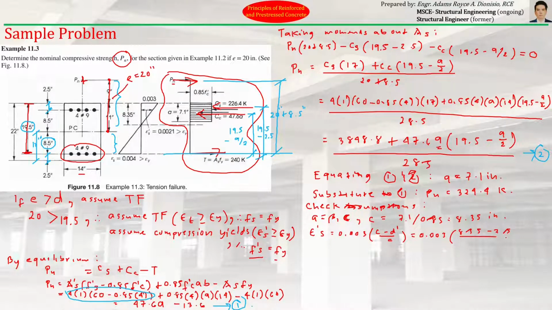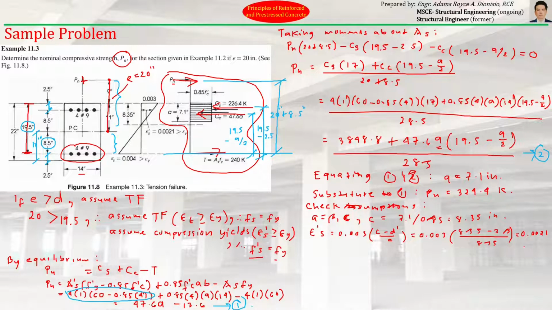Again, strain S prime will be equal to 8.35 minus 2.5 over 8.35. It's 0.0021.